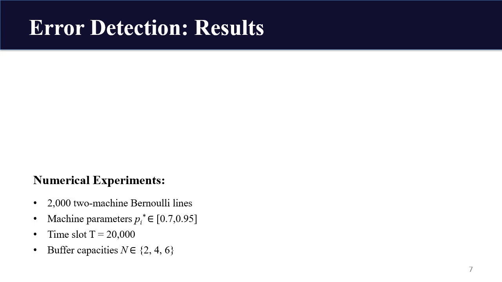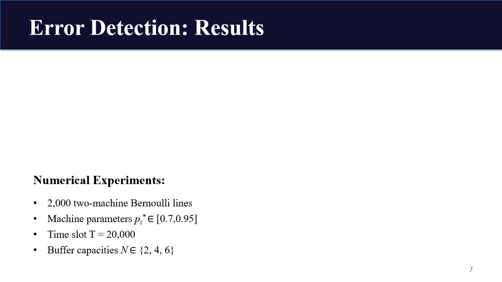A total of 2,000 pairs of machine efficiency combinations are generated, with P1 and P2 randomly and independently selected from this range. For each machine efficiency combination, we simulate the system for T equals 20,000 time slots, with N belonging to that set, to obtain the true buffer occupancy time series data, Hn and Hn tilde.